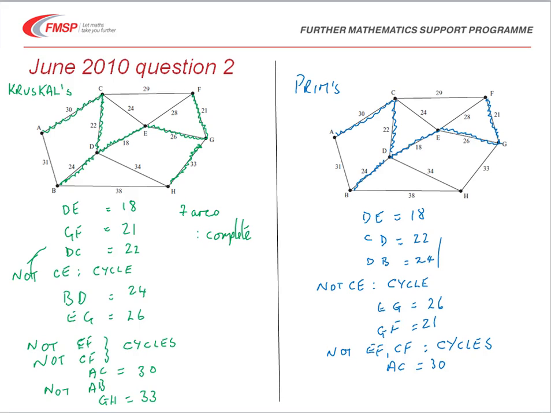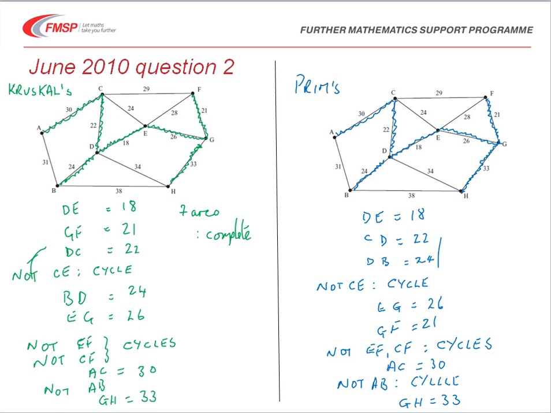We're not AB because it would produce a cycle. And then finally GH, which is length 33. So you can see that once we've completed, we have exactly the same minimum spanning tree as we had when we used Kruskal's algorithm.